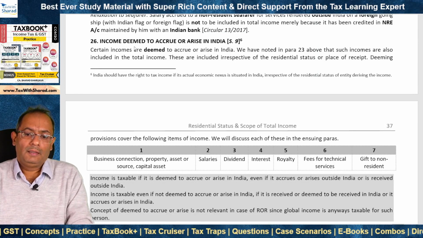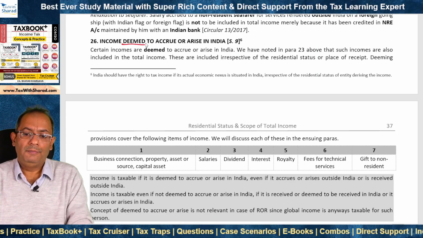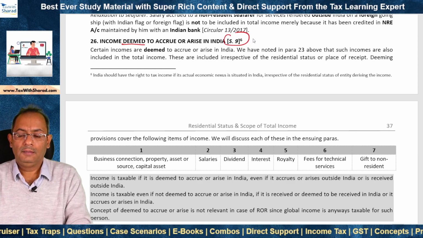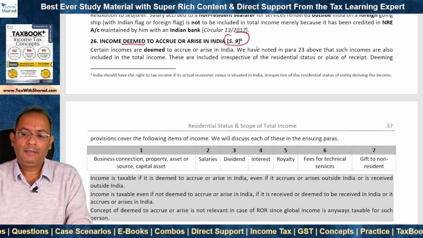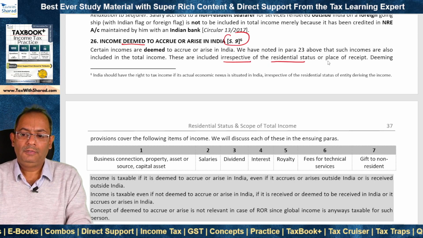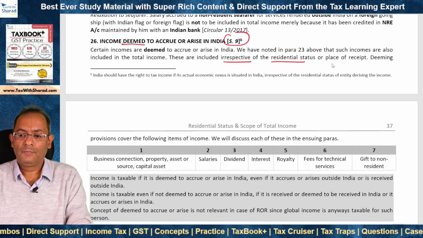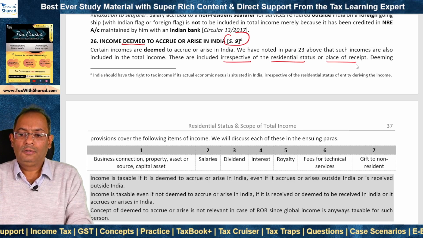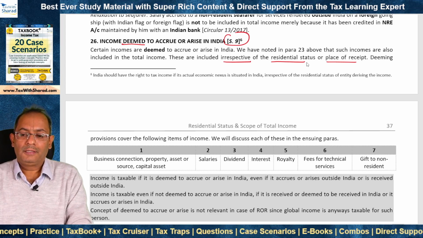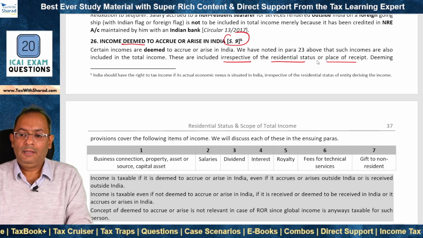Okay. There are certain incomes which are deemed to accrue or arise in India by virtue of section 9, and therefore these are also considered as Indian income and consequently taxable in India irrespective of the residential status of the person or the place of receipt. Even if the income arises in the hands of a resident or a non-resident, it's taxable in India.